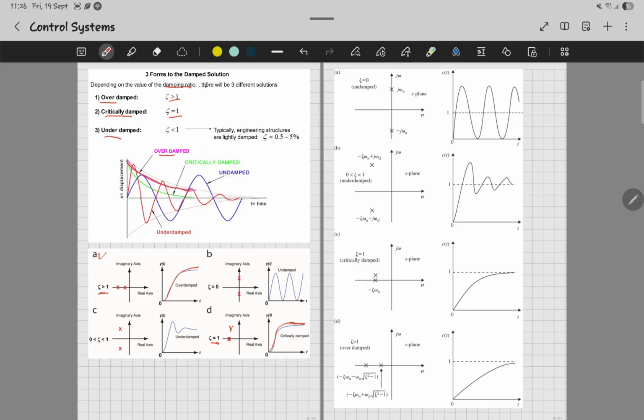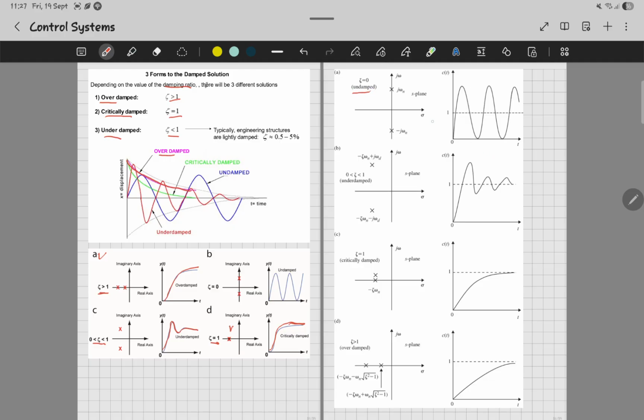Now we go for underdamped. It's when the damping ratio is less than 1. Okay, so this is underdamped, you will get something like this. So when you calculate, you need to get your value between this range.